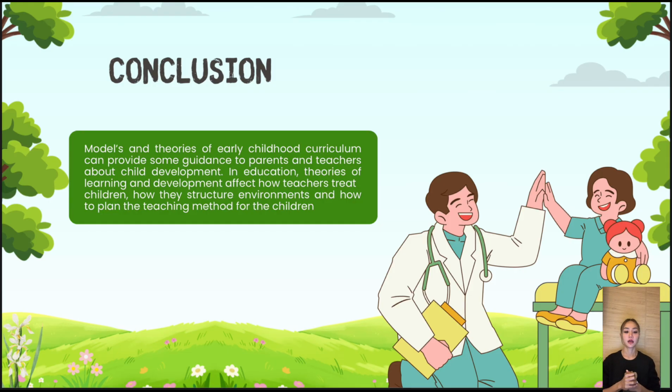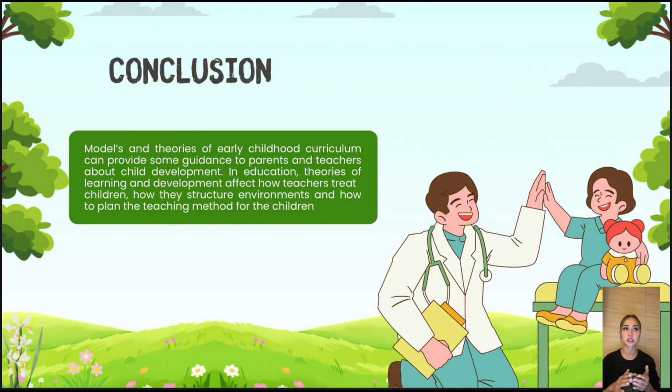And then we know we have to create curriculums that are based on the models and theory, because these models and child development theories can provide guidance to the teachers, and guidance to the parents as well about their child's development.